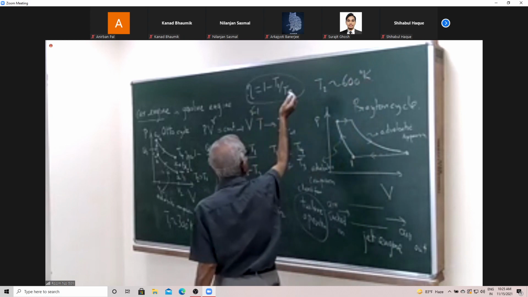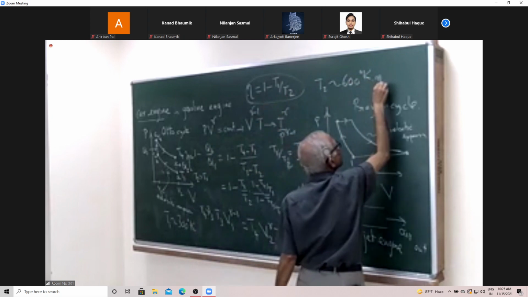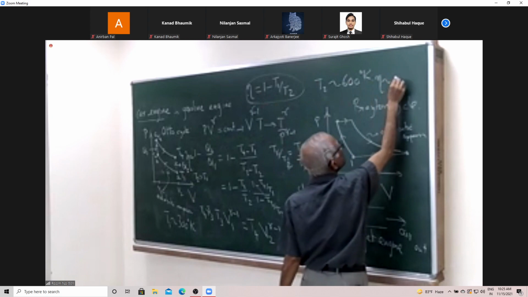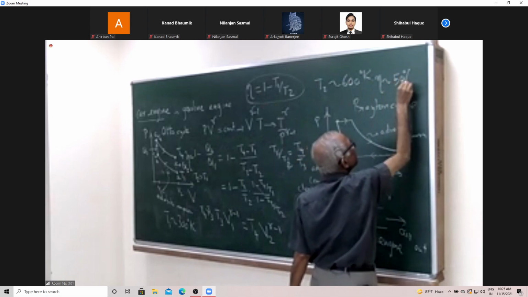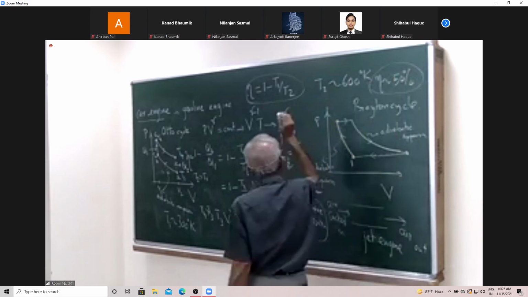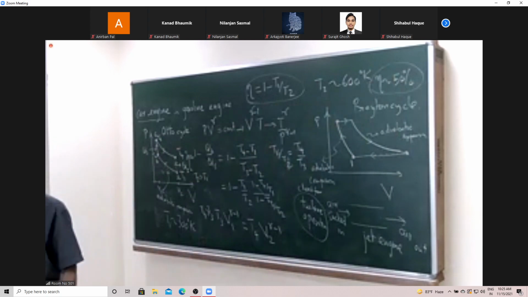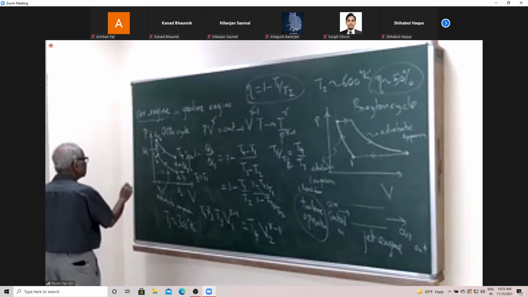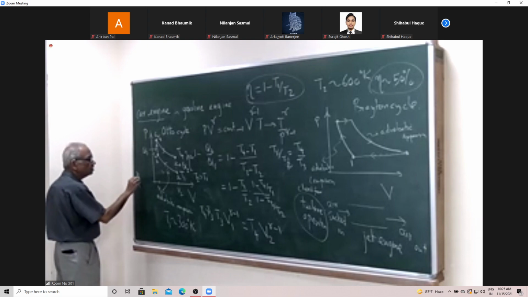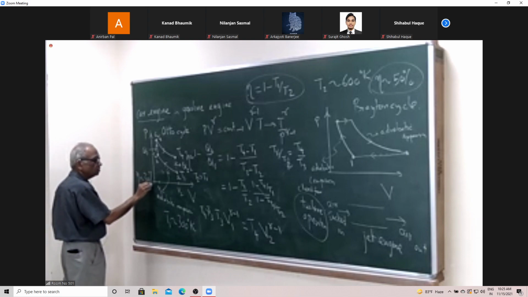So the eta which a car engine should have is about 50%. Reality is that the efficiency is about 30%.